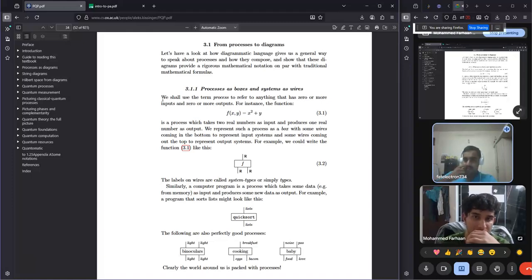We represent such a process as a box with some wires coming in the bottom to represent input systems and some wires coming out the top to represent output systems. For example, we could write the function x squared plus y as this.